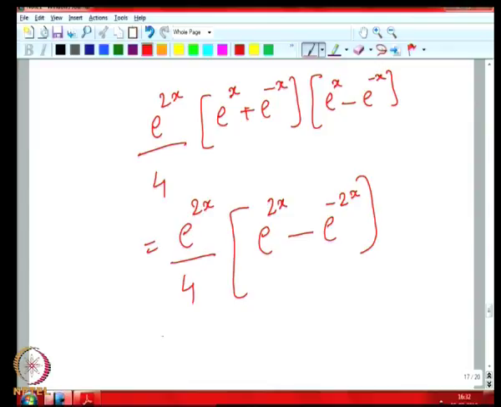So when you multiply this out, this will become e to the power 4x by 4, or maybe we can say 1 by 4 into e to the power 4x minus 1. That is what we got.